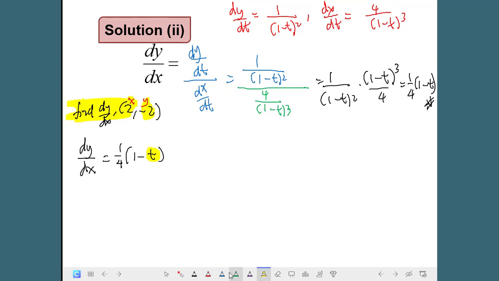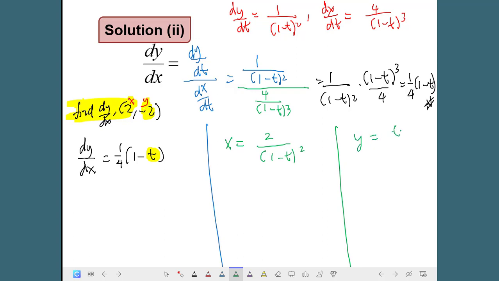Check the first equation: x is equal to 2 over (1 minus t) squared, y is equal to t over (1 minus t). Now, given x is equal to 2, substitute and find the value of t.